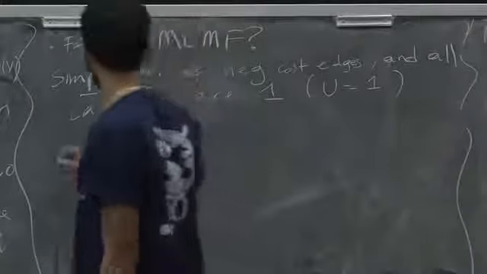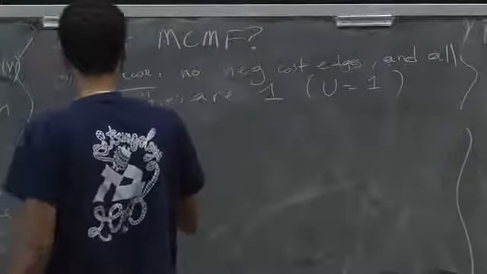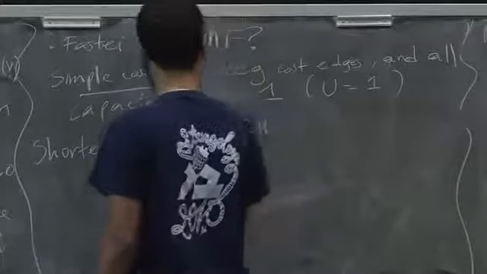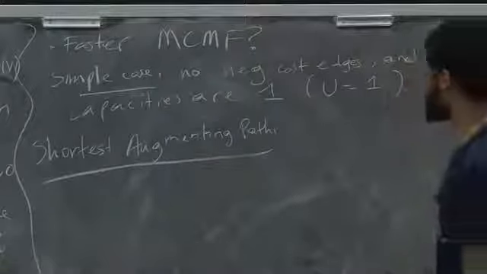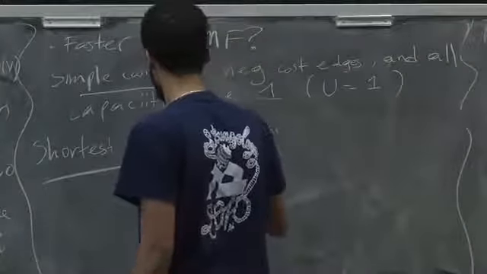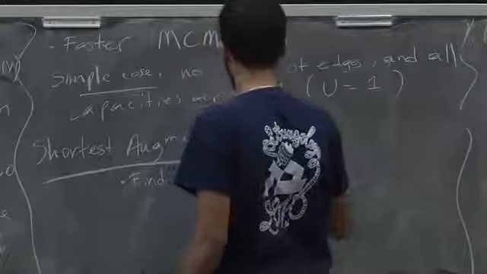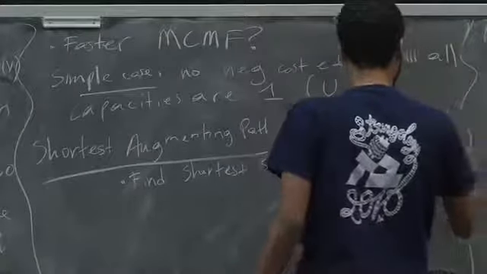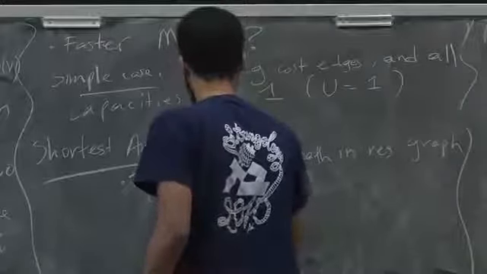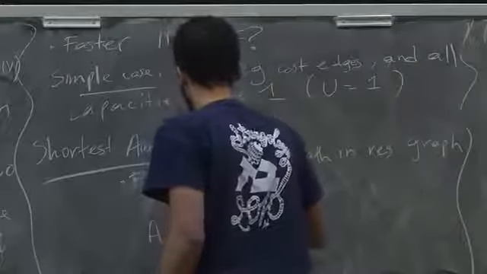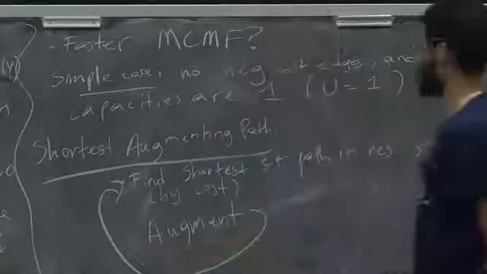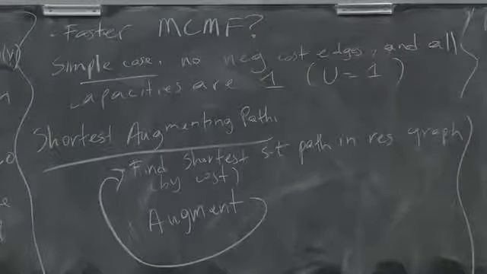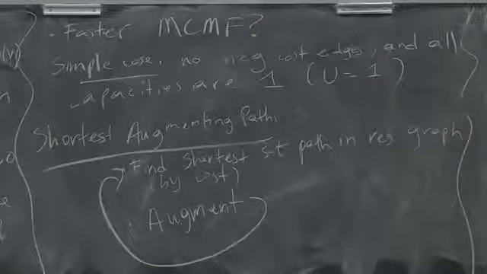Here's going to be an algorithm. Find the shortest ST path according to costs, using costs as your edge lengths in the residual graph, and augment along that path.